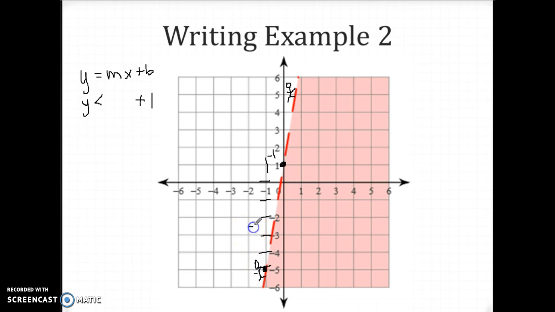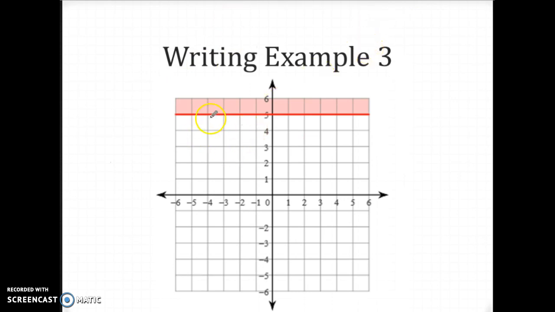Since we counted down, that's a negative 6, giving us a slope, rise over run, of negative 1 over negative 6. Two negatives make a positive, so a positive 1/6. So our slope is 1/6 times x for our inequality. So y is less than 1/6 x plus 1.